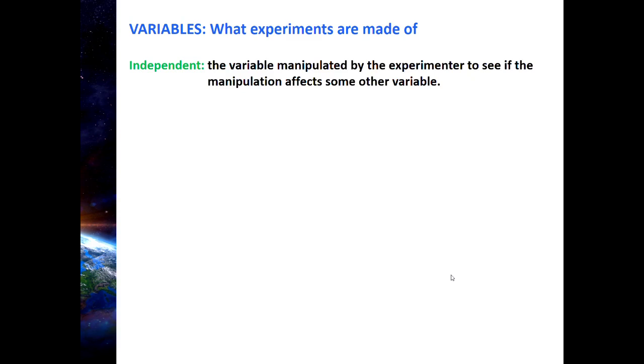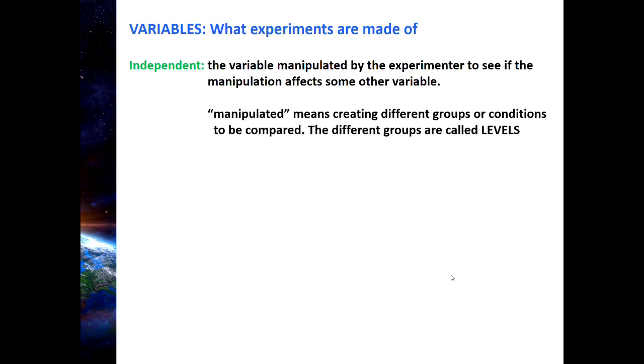So the independent variable is the variable that you manipulate as the experimenter, and you're manipulating this variable because you want to know, does it affect something else, some other variable? Now, remember I said that manipulate has a very specific meaning. Manipulating means you are creating these different groups of the variable, these different categories.